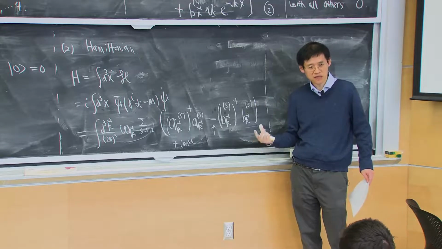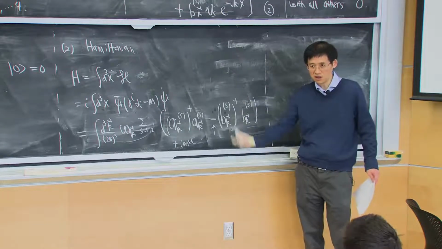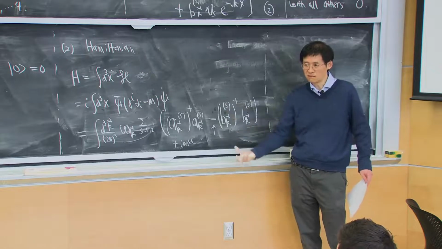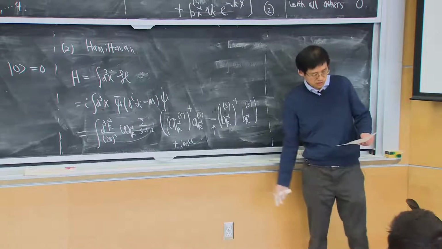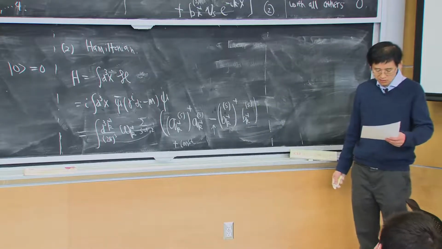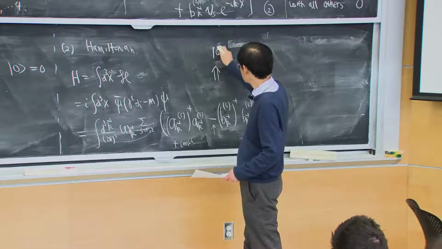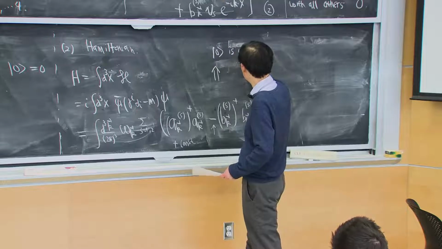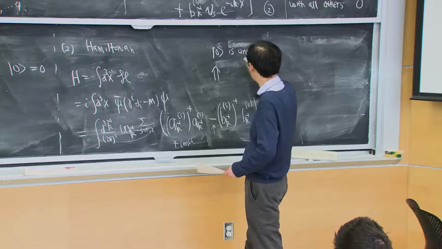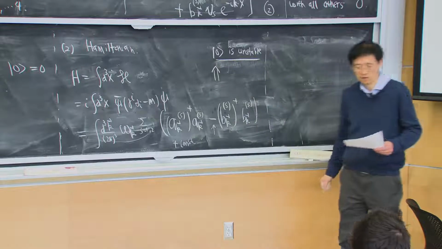Then the theory doesn't make sense. This is a theory with energy unbounded from below. So that means this vacuum is unstable.